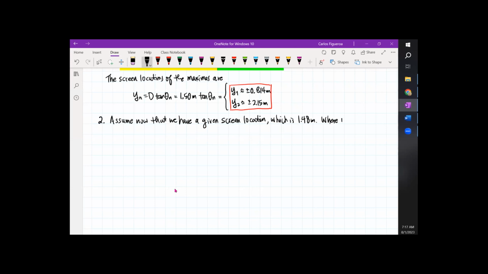Where is this location in the pattern, and identify if it's a minima, maxima, or a partial maxima.